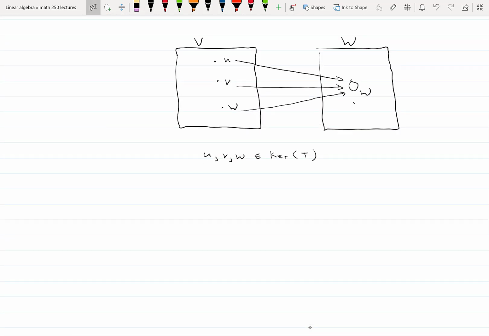We've encountered the kernel of a linear transformation before, although we didn't think about it this way. So let's imagine that we're looking at a specific kind of linear transformation.